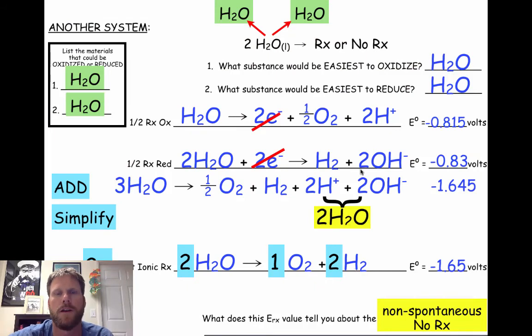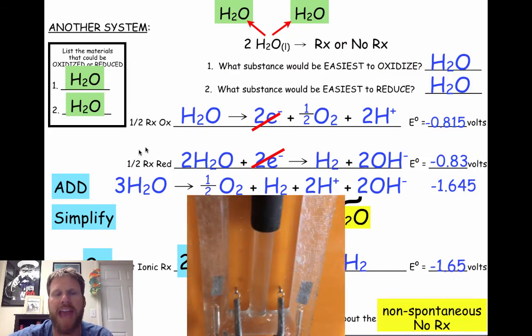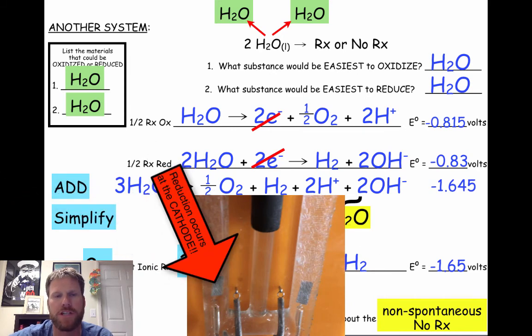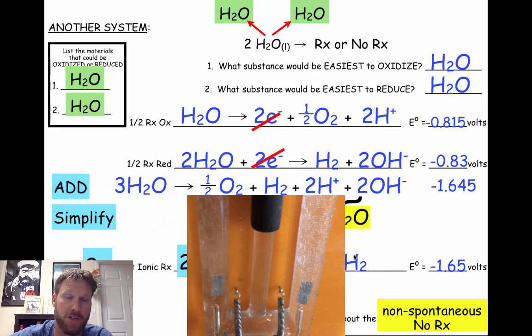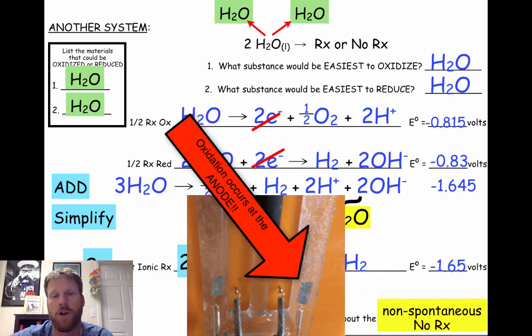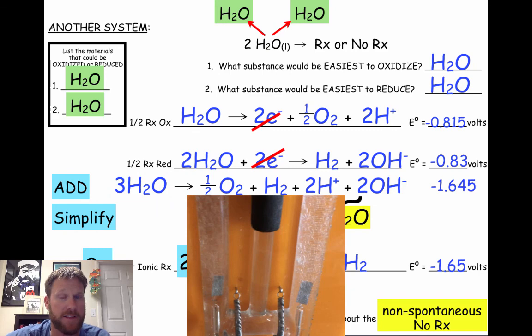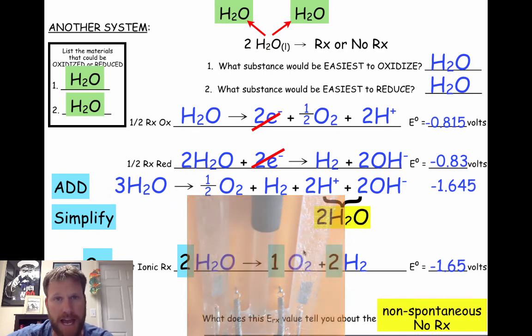That means the electrode on the left is the cathode, because hydrogen gas is being produced at the cathode, and you produce twice as much hydrogen gas compared to oxygen gas. The electrode on the right is the anode, because oxygen is being formed there, and you make half as much oxygen gas in this process than hydrogen gas.